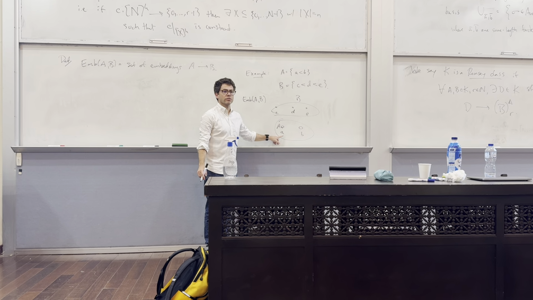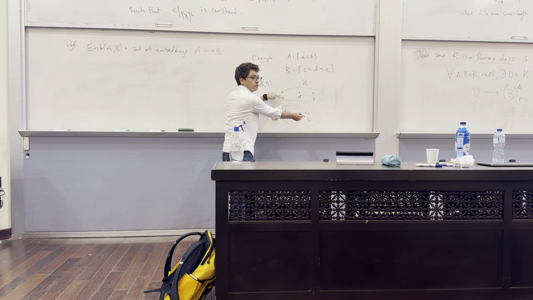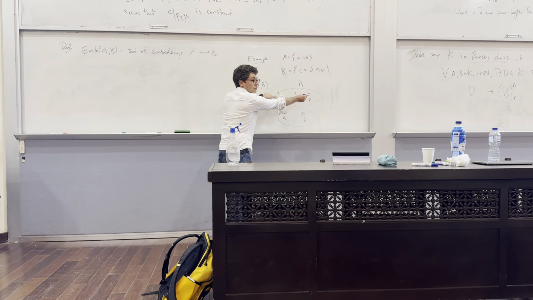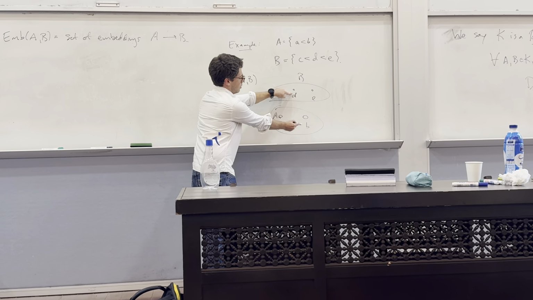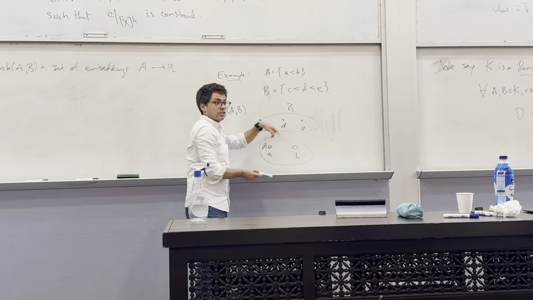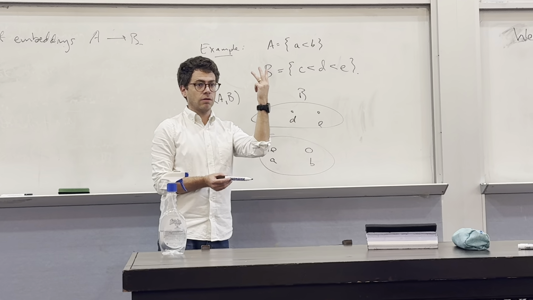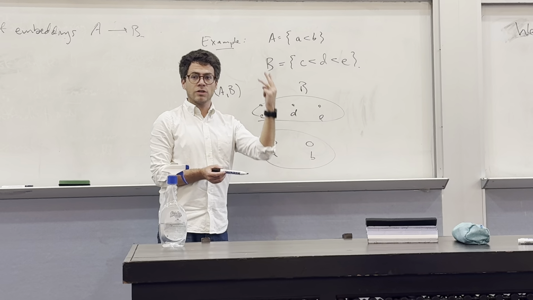So a can go to c or to d. If I send it to c, then I get 2 choices for where b goes, namely d or e. But if I send a to d, then my choice for b is determined. I have to send it to something bigger, because it needs to respect the relation. So it's got to go there, and that gives me exactly 3. Does everyone see that? So there are exactly 3.